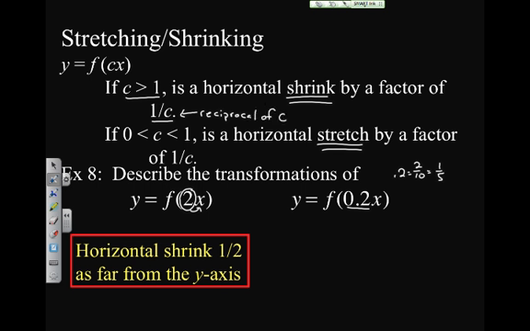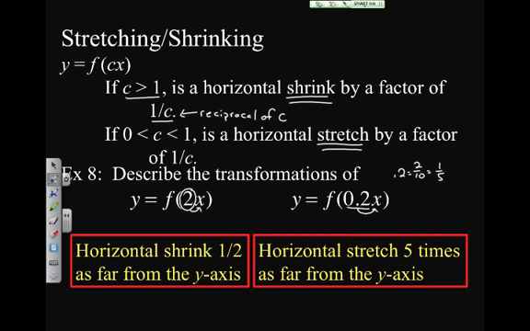So when we look at 1/5 and we see that 1/5 is getting multiplied by x, this is a vertical stretch, I'm sorry, it's a horizontal stretch, and the reciprocal of 1/5 is 5, so everything is 5 times further from the y-axis.